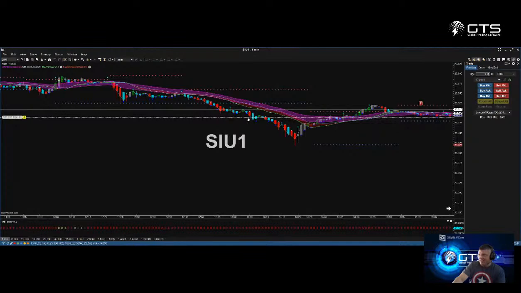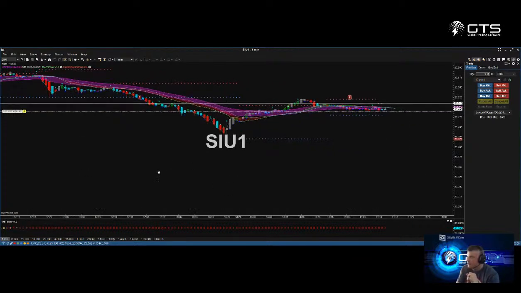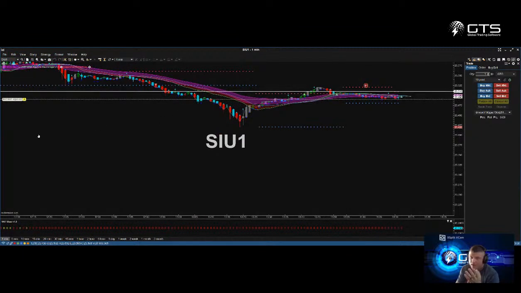Took that. And then sure enough, I mean, it just bombed. And it would have hit my target too. That is nice, nice, nice. That's beautiful. Then the bounce, boom. That's probably worth, and I had 4 contracts in inadvertently. I did not mean to do that, but it worked out.